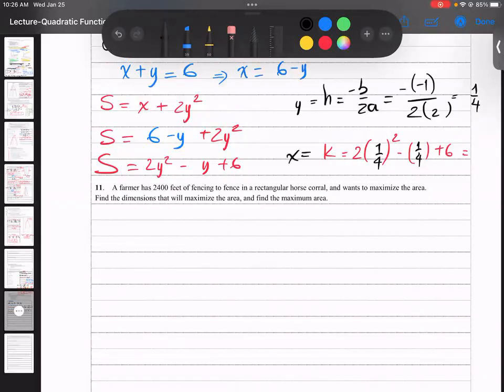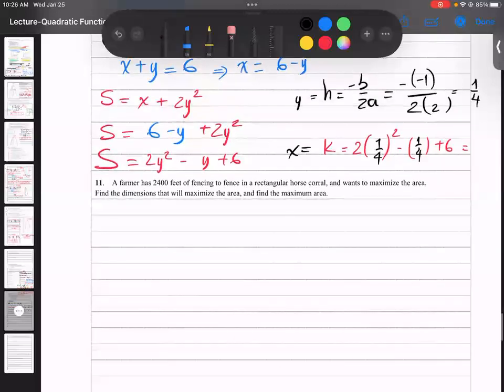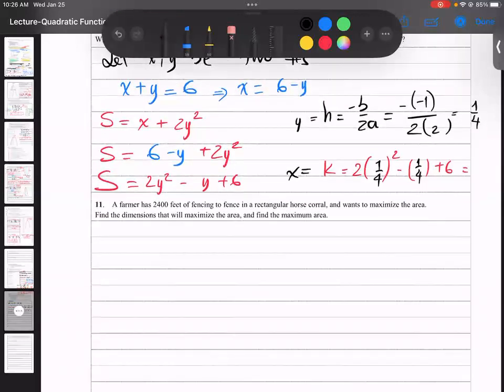It will be your x. Flip around. All right, because I don't have my graphing calculator here, I'll fill it out for you. It's just not important, right? You got y and you got x.